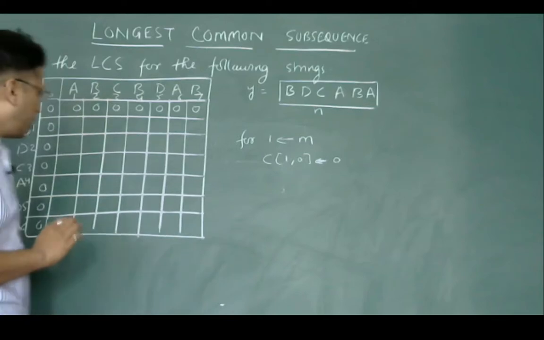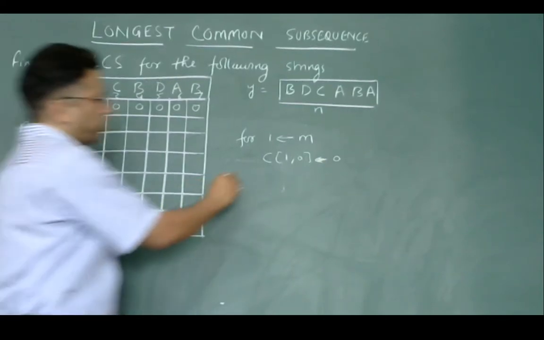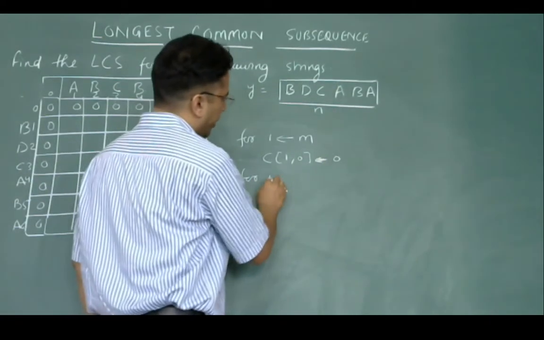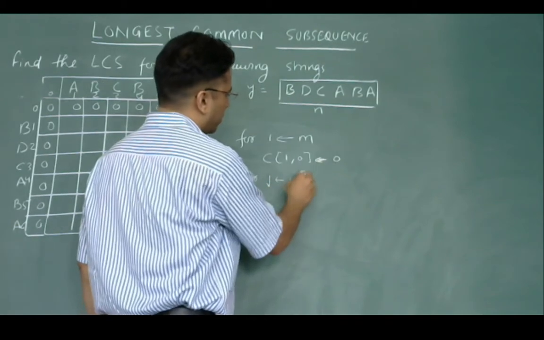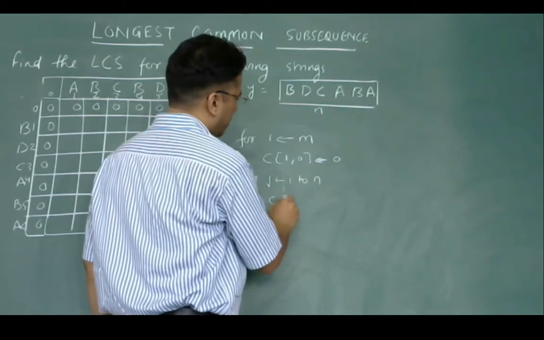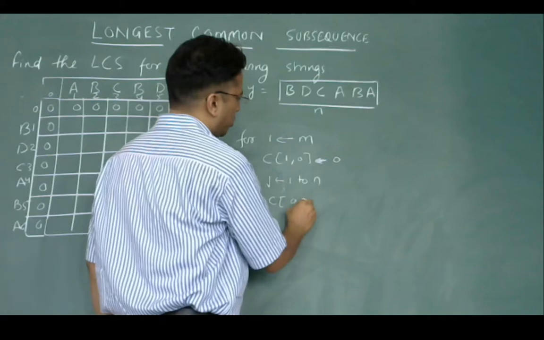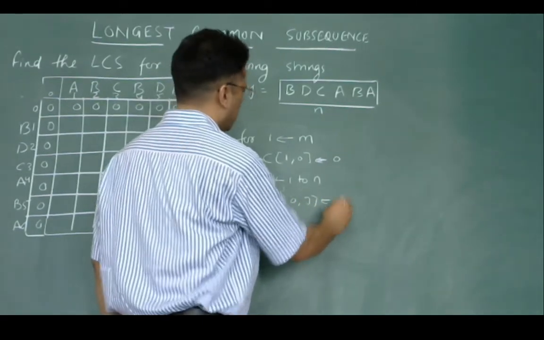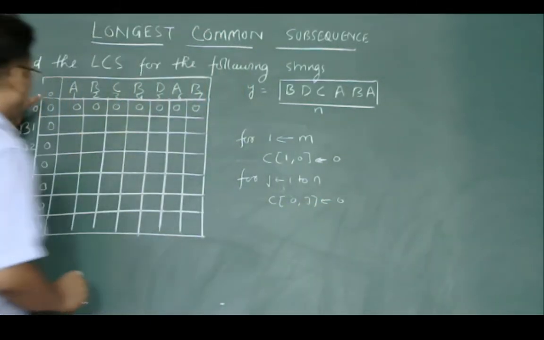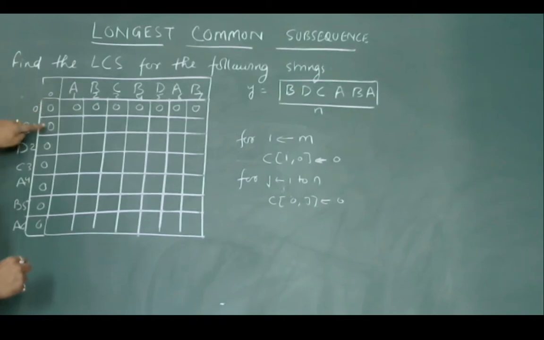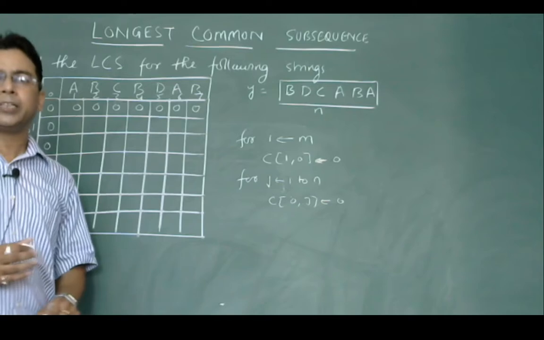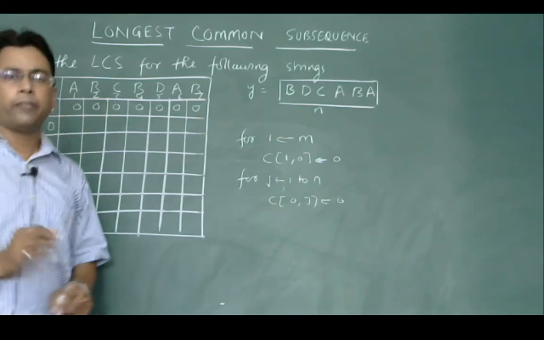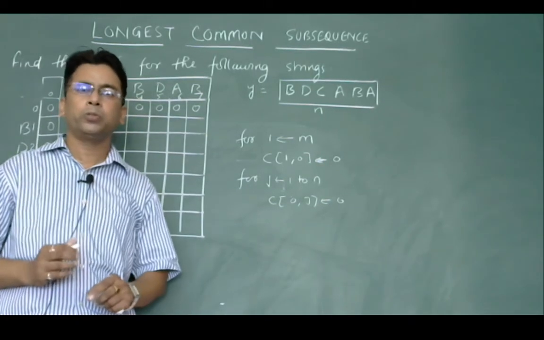Similarly, for the column, for j equal to 1 to n, C[0, j] is equal to 0. So here for j equal to 1, 2, 3, the value of C[0, j] would be equal to 0.